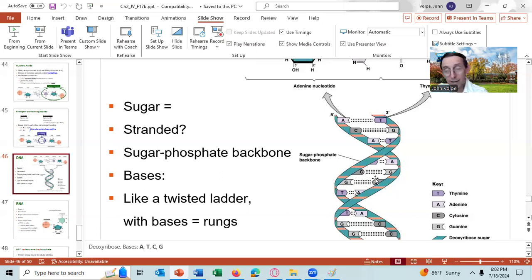But like I said, the DNA will be held together at body temperature because most of the hydrogen bonds will be formed, and only a few of them will be broken at any one point in time. And so the two strands of DNA will be held together by hydrogen bonds.